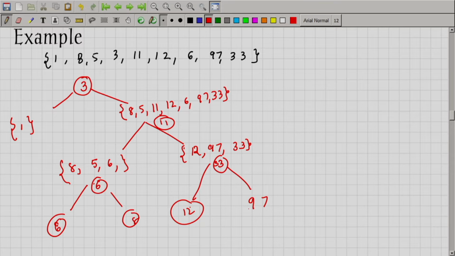Okay. So, this is how the algorithm works, and basically I have drawn the computation in a tree format. So, that consists of these nodes.